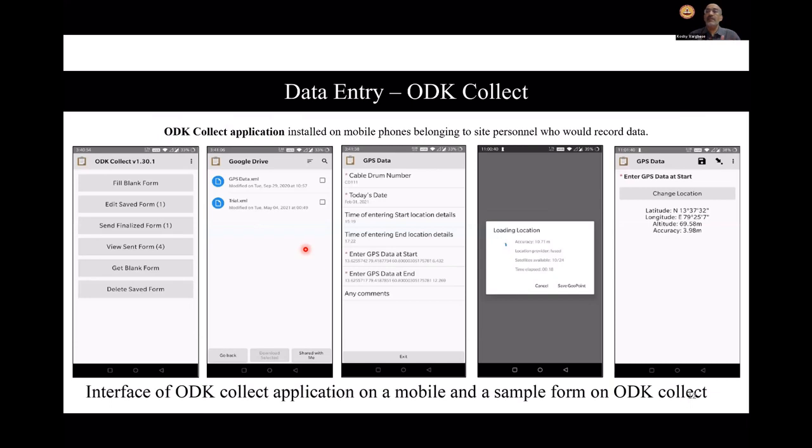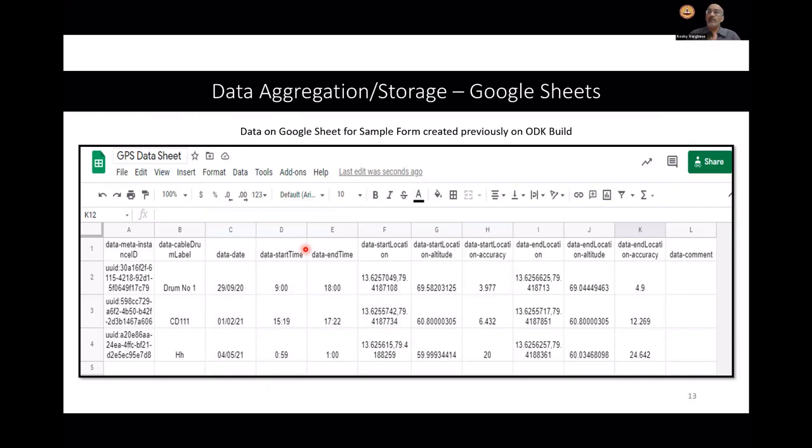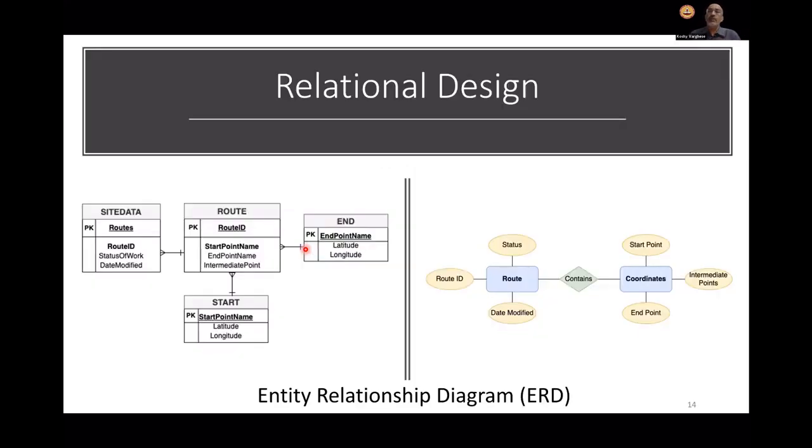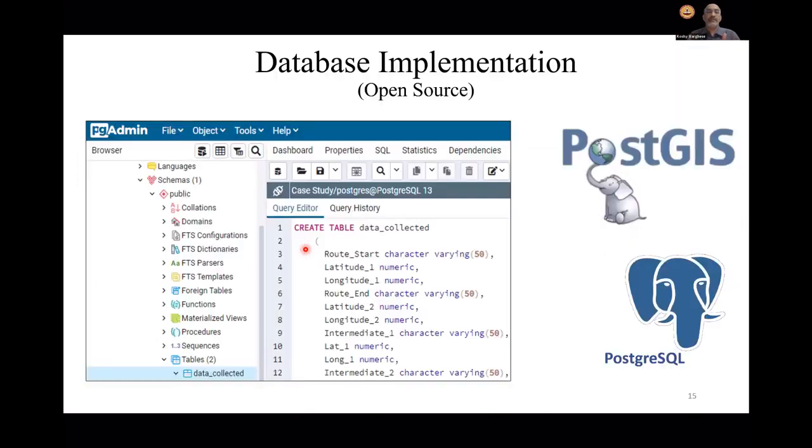You can see the screenshots from a mobile platform where you can actually get the data entry done, get it into a Google spreadsheet at this stage for storing the initial data, and take it into a relational database design where it goes into the spatial database also, where we take PostgreSQL and PostGIS and combine them together to have the overall spatial database function that is done. So this is the basic structure of what was architected and developed.